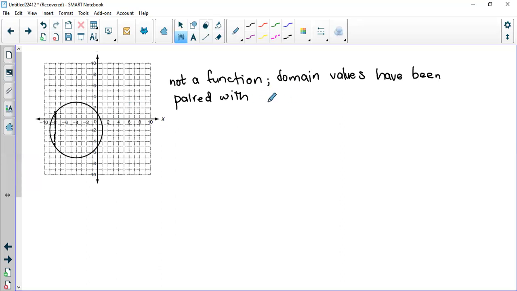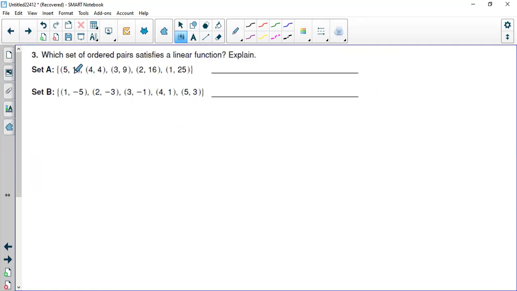Or two, like we found out two range values. So it totally depends on how you want to write it, but the idea needs to be the same. Okay, so this is how from a graph you find out whether it's a function and whether it is linear or not. Right, let's move on to the next question.